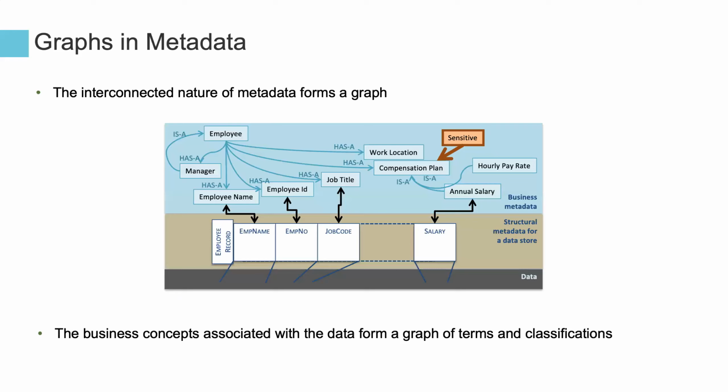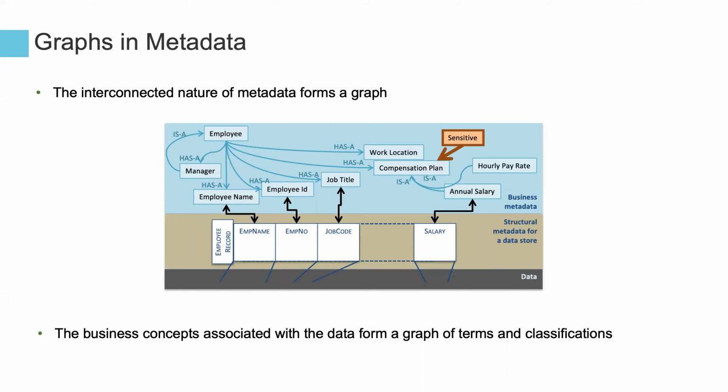So here's a view which I stole from Mandy Chessel, which really shows how interconnected metadata is. If you look at the bottom half of this picture, you see an employee record. You can imagine this is a set of fields within a record in a database. So we have an employee name, an employee number, they maybe have a job code, they have a salary.